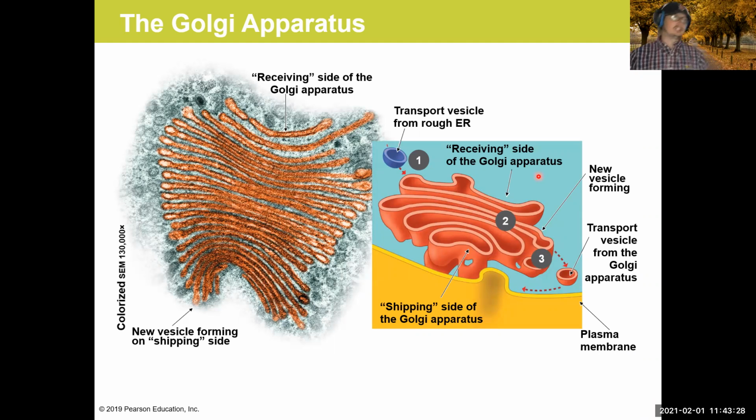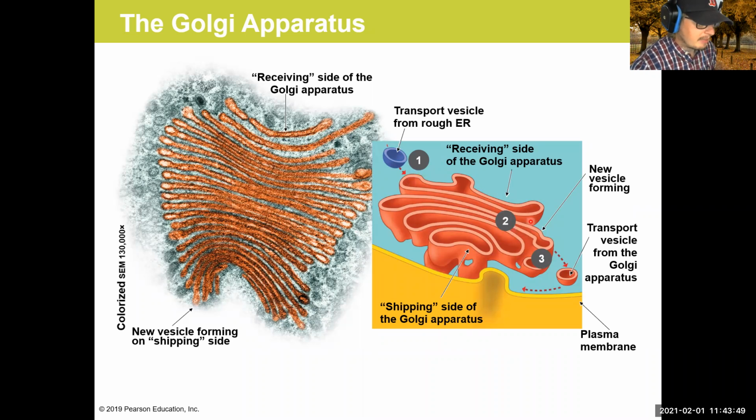So we see the Golgi on the receiving side, taking the transport vesicle from the ER. This transport vesicle would fuse with the membrane of the Golgi, releasing the products inside the Golgi. The Golgi will then do whatever it needs to do to that particular molecule.